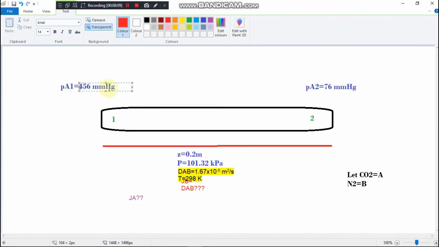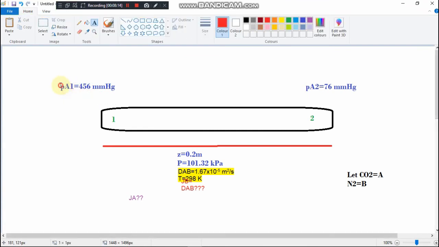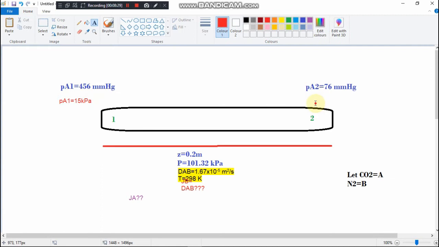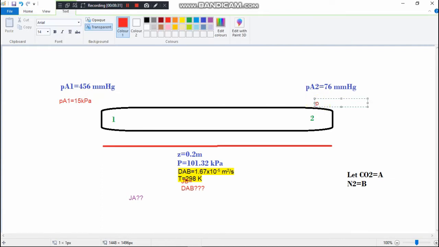So PA1 is equal to 15 kPa, and this is for question number 2. PA2 is equal to 5 kPa.